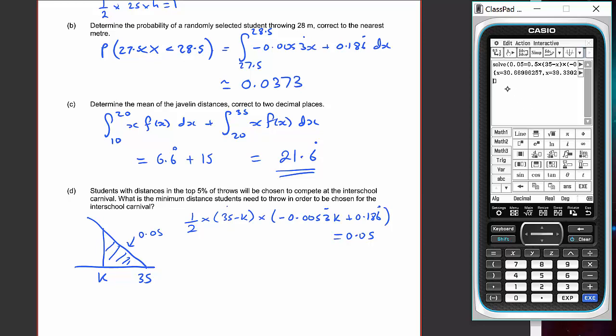And so the only sensible answer here is 30.67. So k is equal to 30.67.